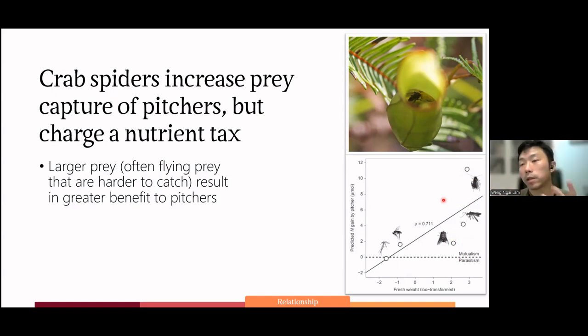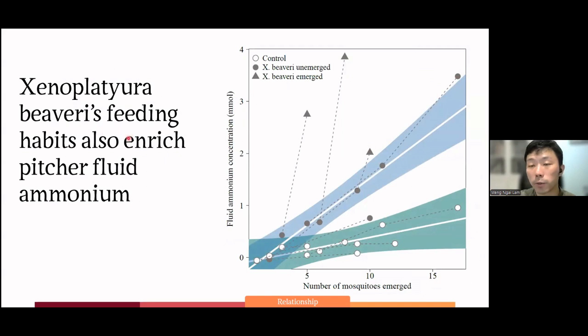Of course, the spider takes a tax: when the spider consumes the prey, the net amount of nutrients in the prey is a bit lower than if the pitcher caught the prey by itself. But the increased capture rate makes up for it, and the fact that it's a large-bodied prey with a lot of residual nutrients makes it more and more beneficial to pitchers when the spiders help to catch such prey. And Xenoplatyura beaveri, the one with the sticky web, this species also benefits.